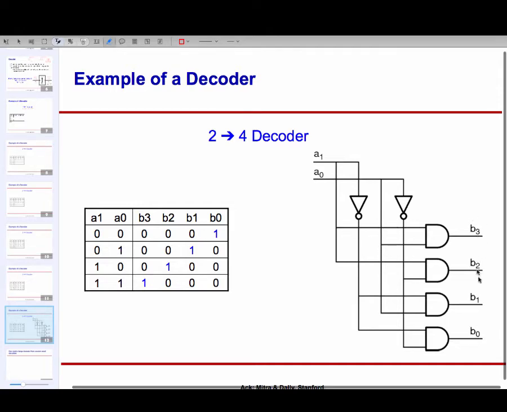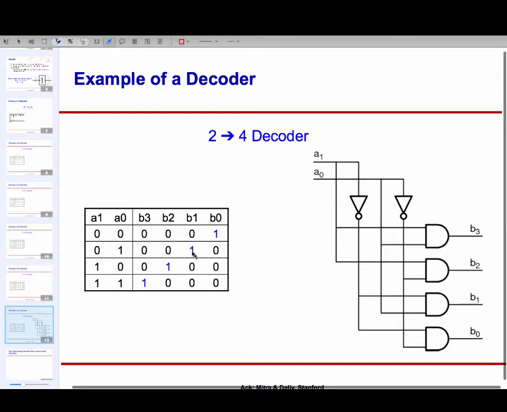And if you think about it, B3, B2, B1, B0 just correspond to different terms. B0 is high whenever A1 is low and A0 is low, and is 0 otherwise. So that in a way corresponds to minterm number 0.